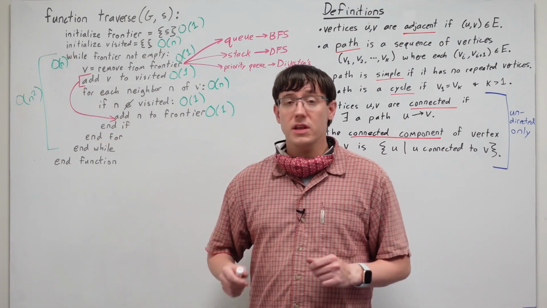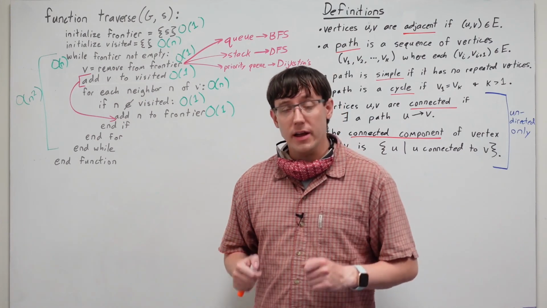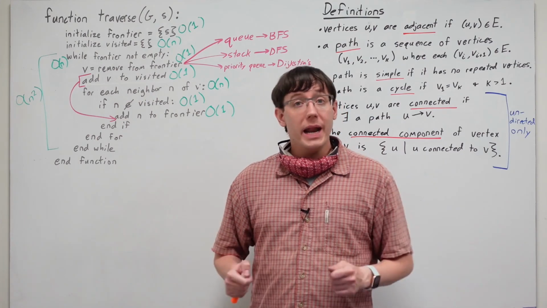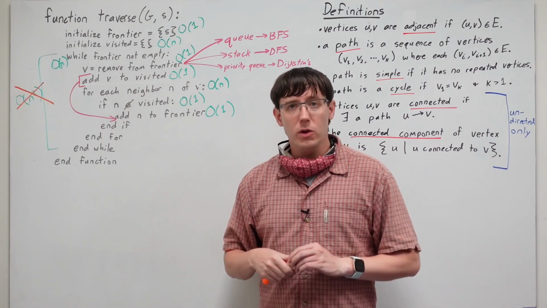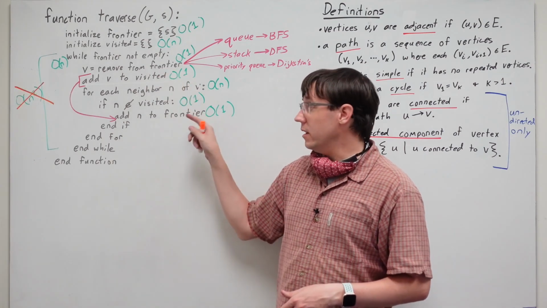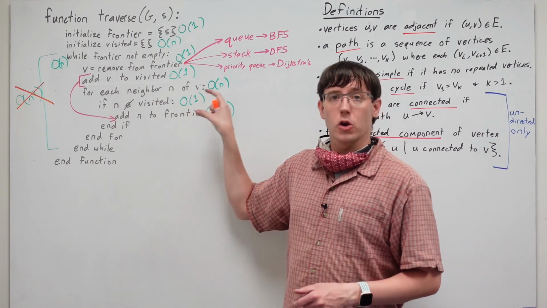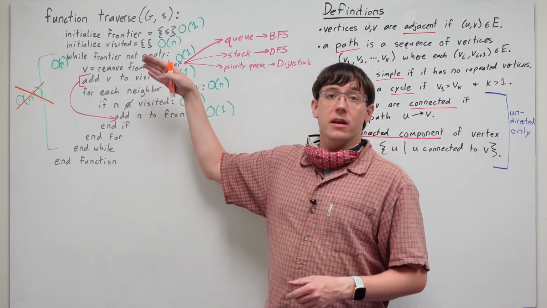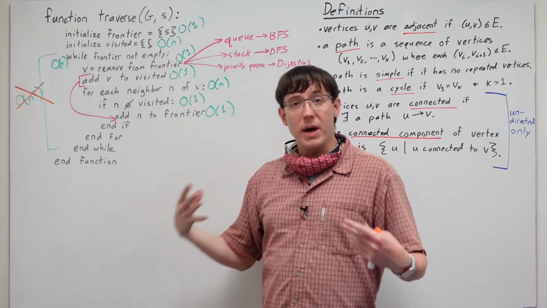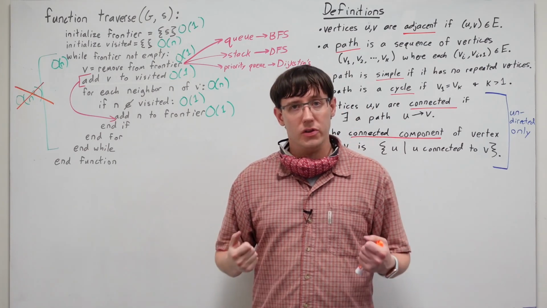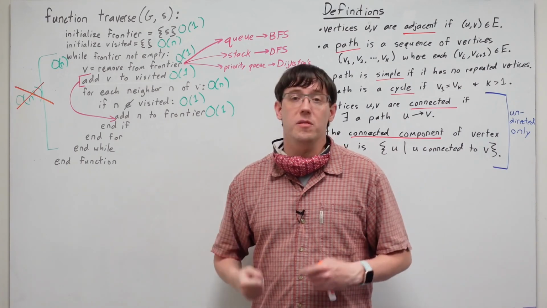And that would give us a valid upper bound for the running time of this algorithm. But as it turns out, we can do better. In class, we will look into a more careful analysis of how much work could be performed in this while loop in total, and we'll come up with a bound on the running time of our traversal algorithm that is better than big O of n squared.